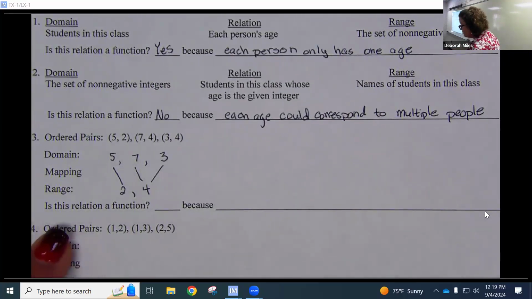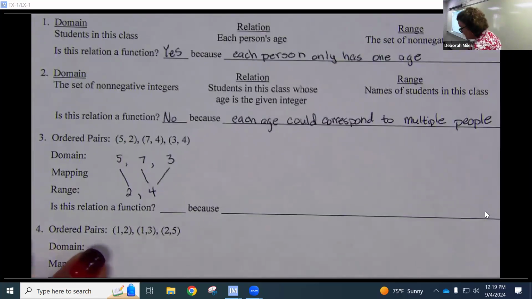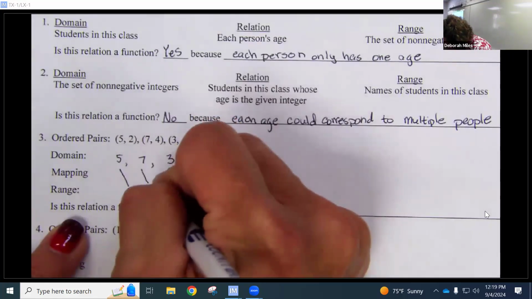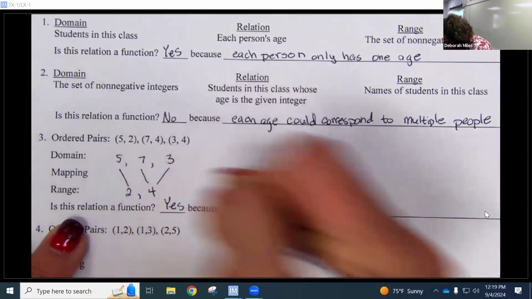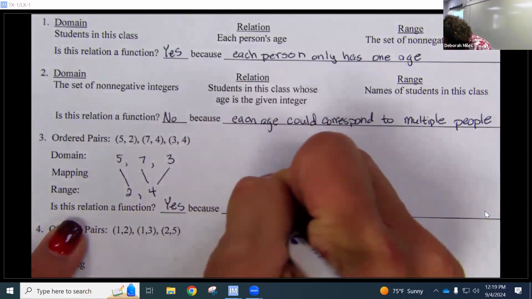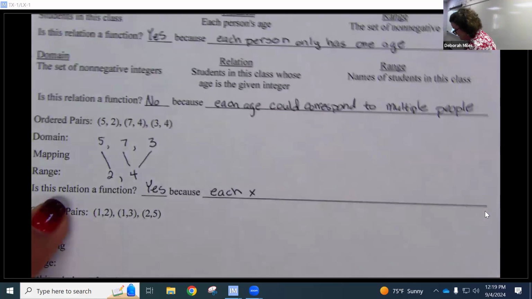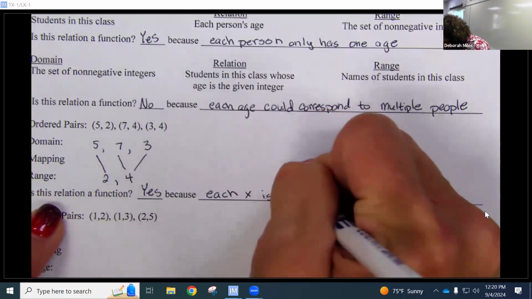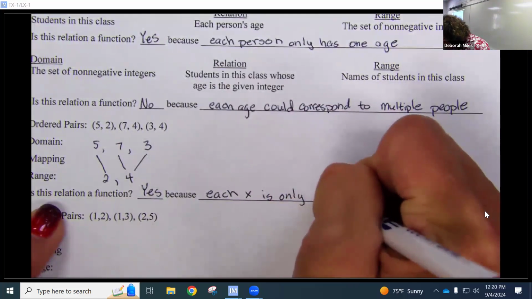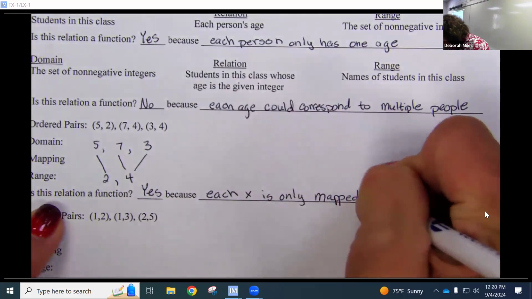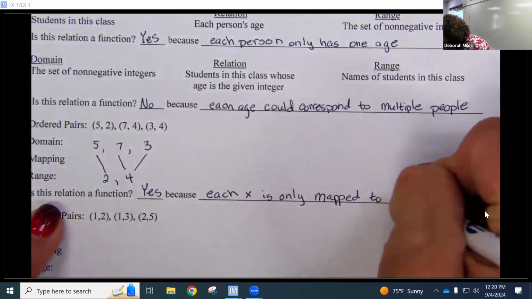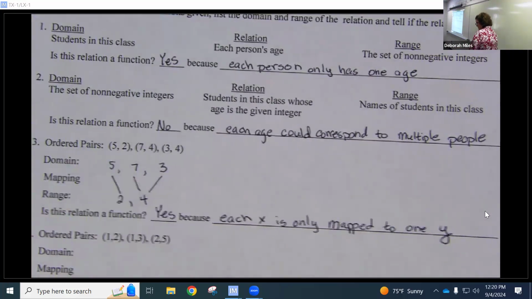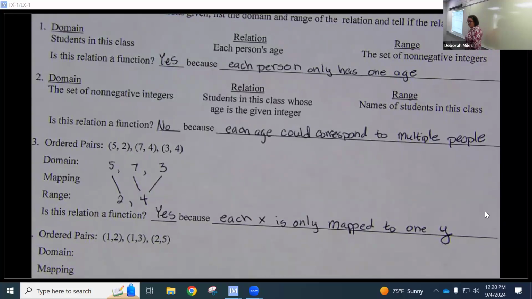Let me write this one down and then we'll compare it to number 4 and I think you'll see the difference. This is a function because each x, I'm going to say, is only mapped to one y. Is the 7 only going to one y value?